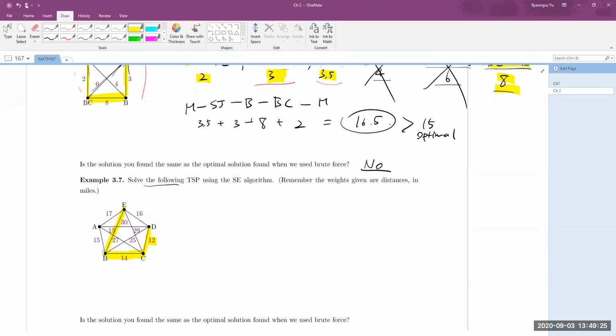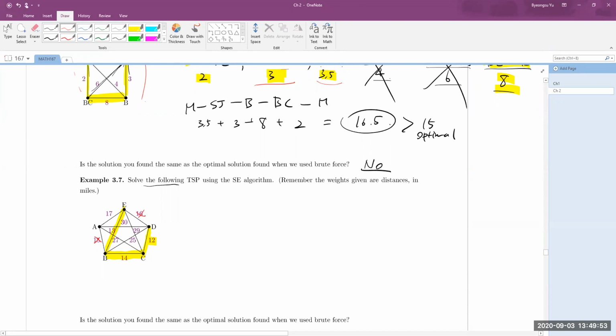If we choose A to B, then B has 3 edges, so we delete AB. The next smallest edge is 16, but this is also not a possible choice, because it makes a circuit that does not contain A, so we cannot choose this 16.